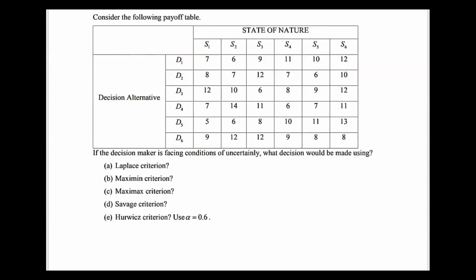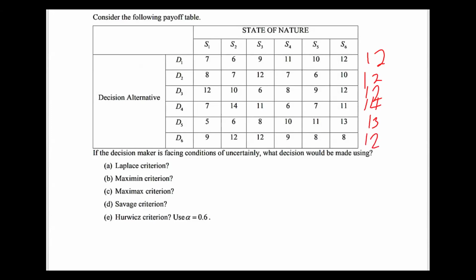So we'll go again. Decision number 1. What is the maximum score? It is 12. Decision number 2 is still 12. Number 3, 12. Number 4, 14. Number 5, 13. Number 6, 12.